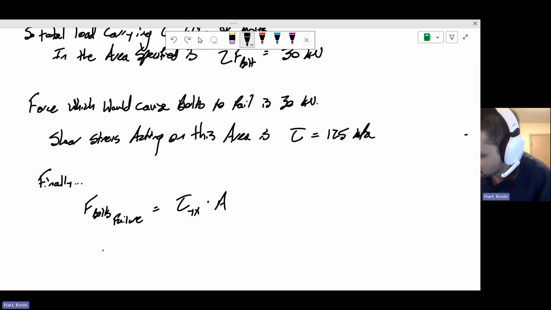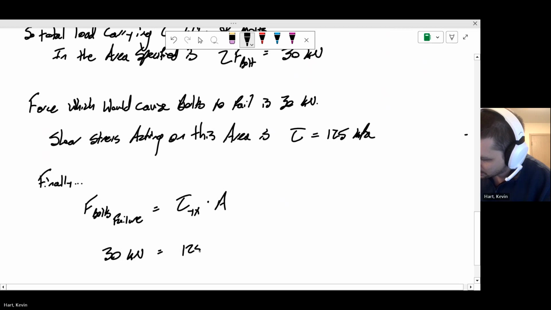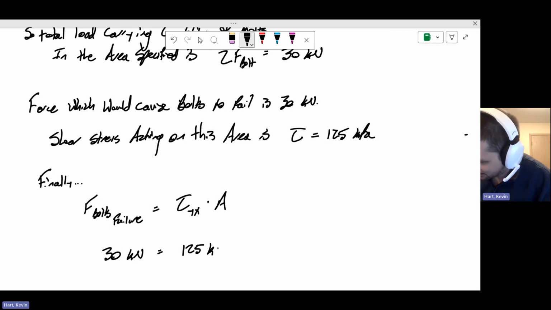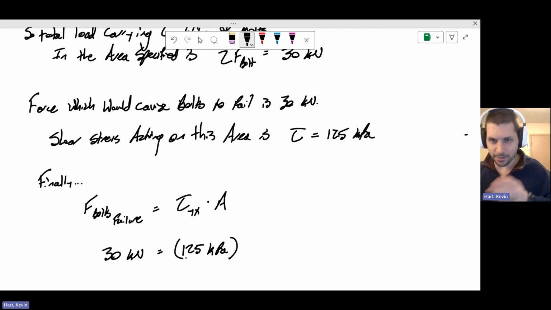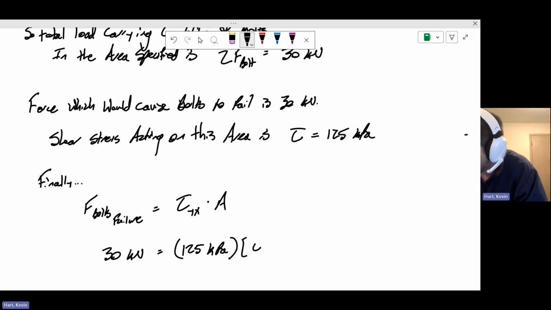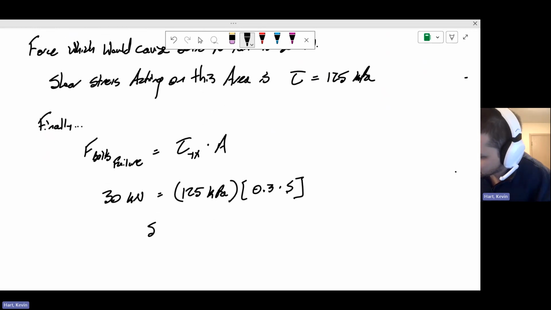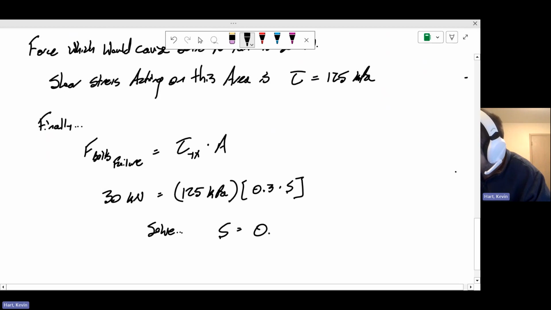Okay, so the amount of force that would cause the bolts to fail, 30 kilonewtons. The shear stress that we are going to experience in this area around those bolts is 125 kPa. And the area that the bolts need to protect is the width of the piece multiplied by the spacing that we have. So this is 0.3 times S. All right, so solve for S. And you get here that we need a spacing of 0.8 meters minimum.